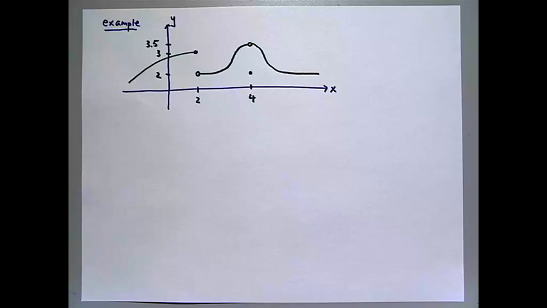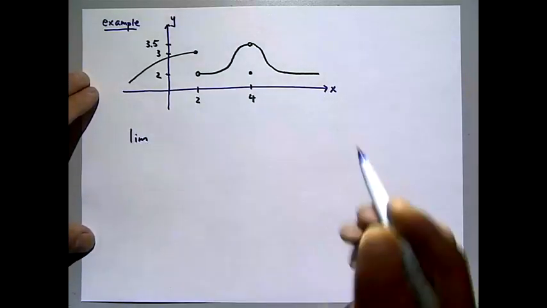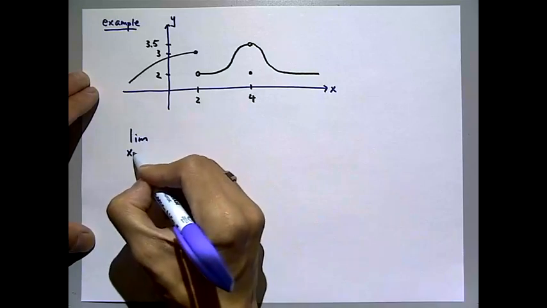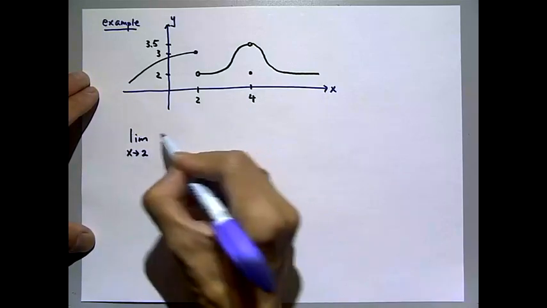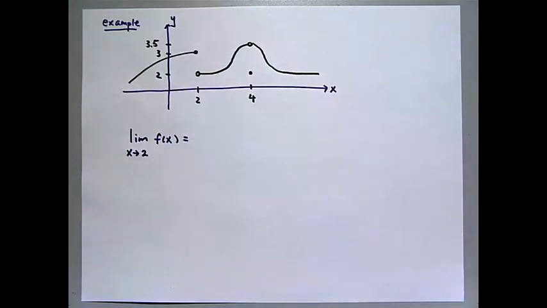Okay, so let's look at a couple of limits here. First of all, what would the limit be as x approaches 2? Does not exist, and why is that? Right, absolutely.